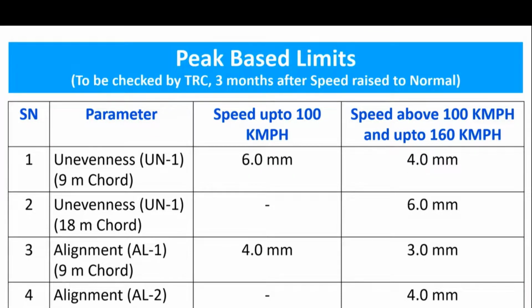Similarly, the peak based tolerances are also mentioned. Those were the SD based, standard deviation based, and these are the peak based. We will not spend much time on this. It is just to appreciate that the tolerances are stringent and the track is required to meet these specifications or these tolerances.